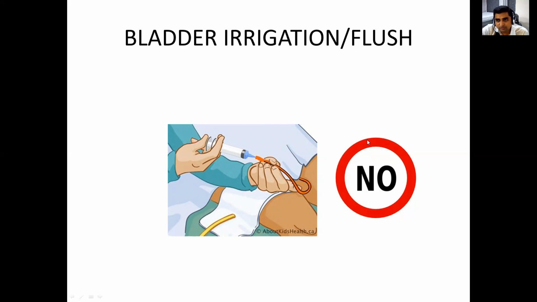Rather, if available, use the bladder ultrasound to identify, and if required, you can change the catheter. But what will happen if you flush it on and off? It will increase the handling of the catheter and increase the risk of ascending infection. You are pushing the periurethral colonizers inside the bladder, and it will increase the risk of cystitis and clotting.